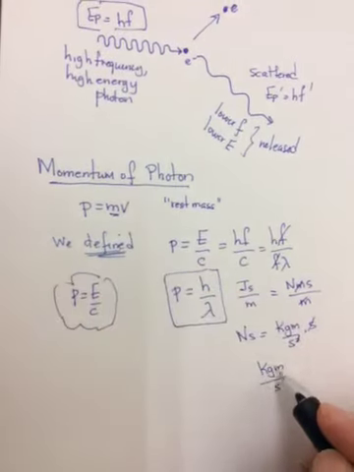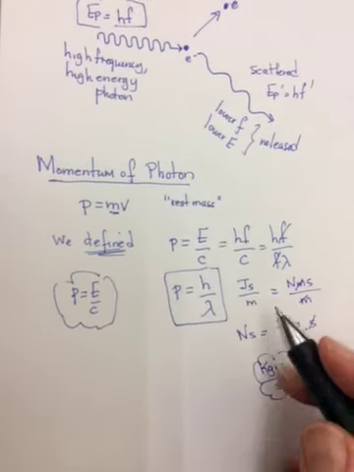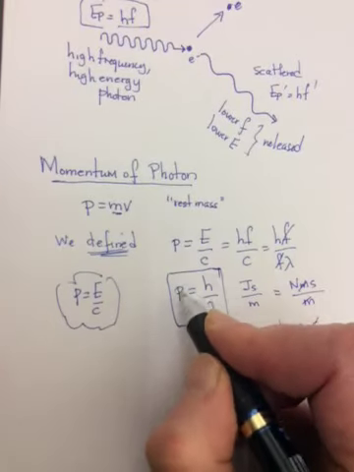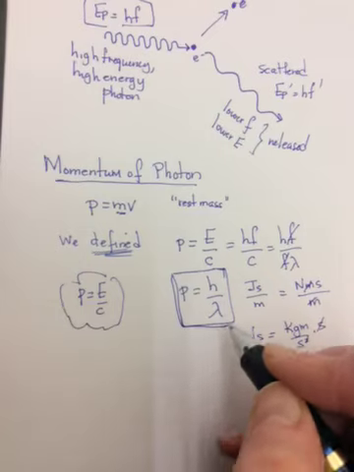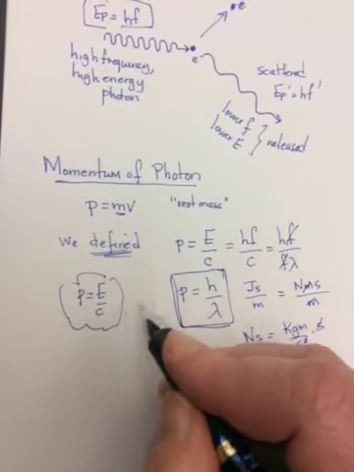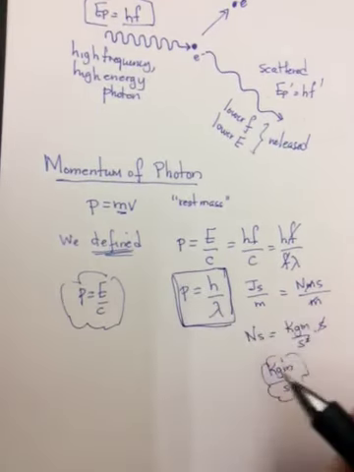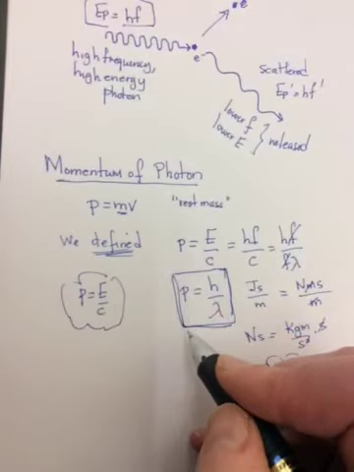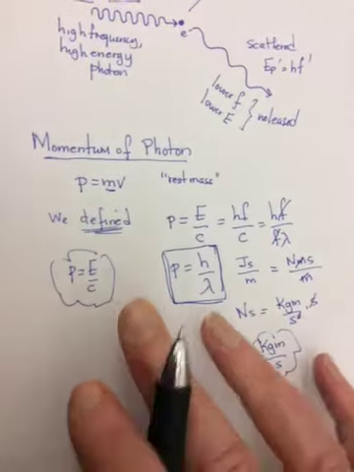Mass times velocity, kilogram meters per second. Looking at this equation, the momentum of the photon is only dependent on its wavelength and therefore on its frequency. The h doesn't change, the c doesn't change, so it's the frequency or the wavelength that will determine the momentum of a photon. Okay, so this is the Compton effect.